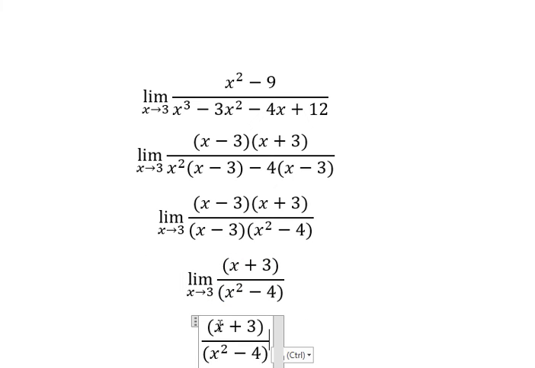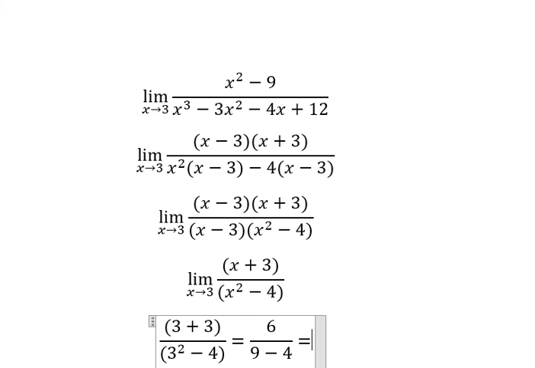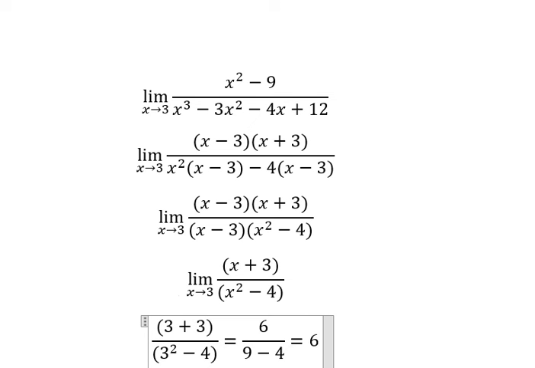So we put number 3 in here, and we will get 6 over 9 minus 4, and you got 6 over 5.